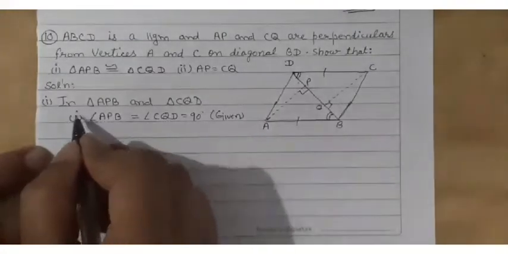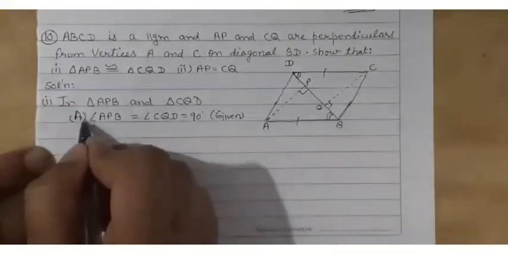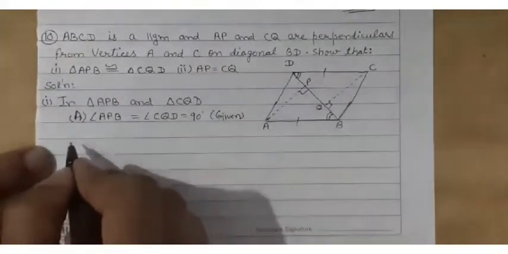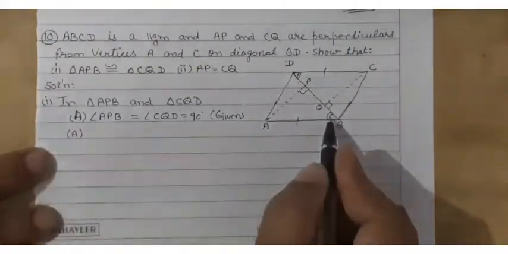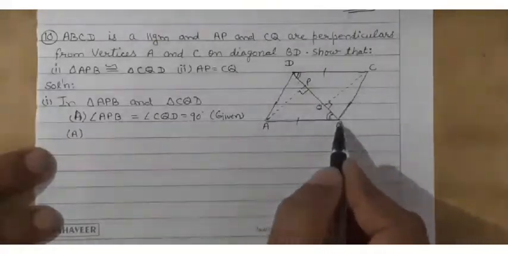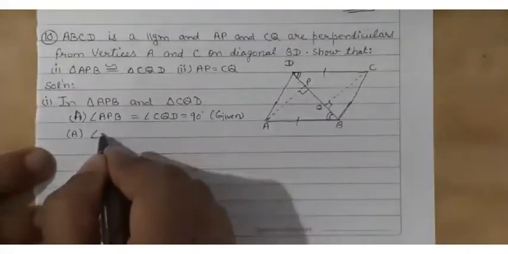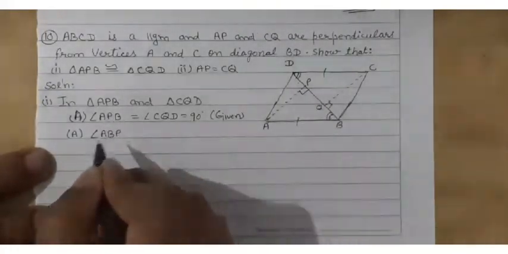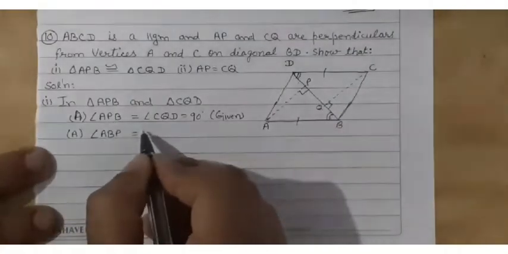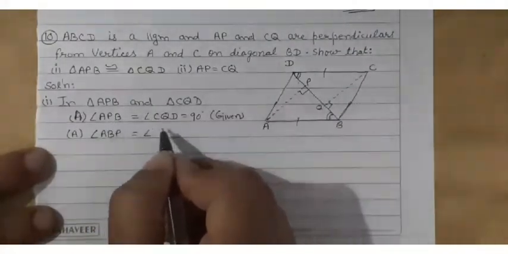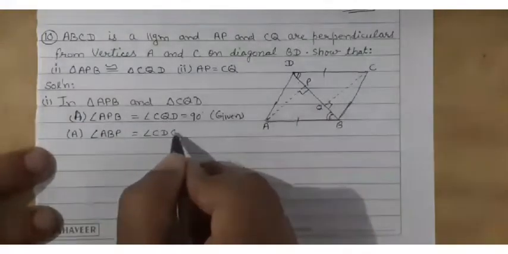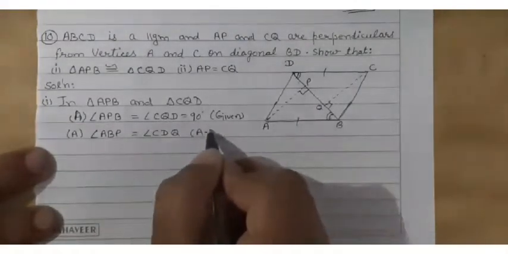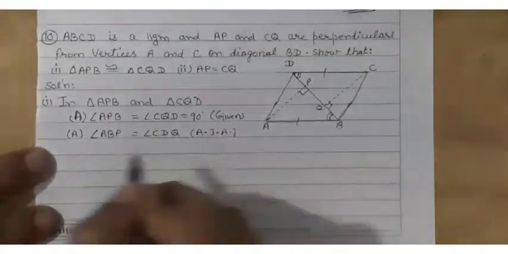Second, I am taking angle ABP is equal to angle CDQ, alternate interior angles.